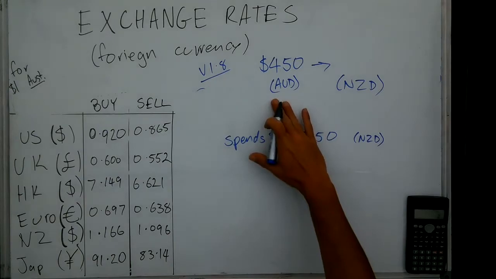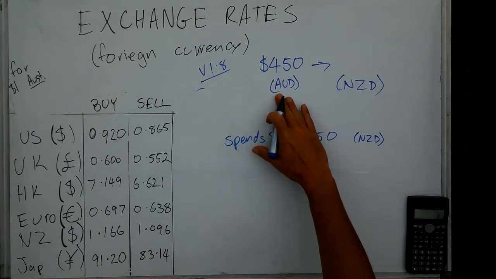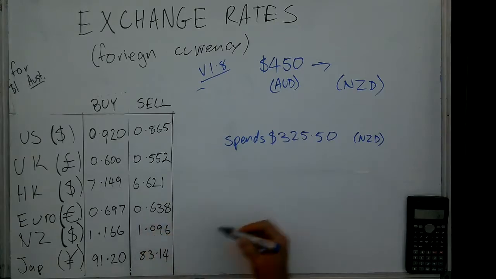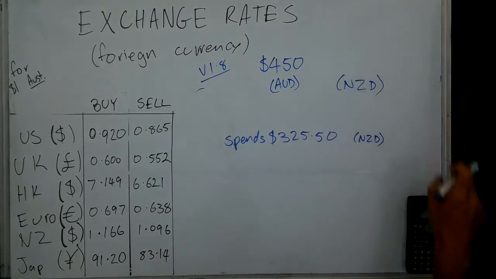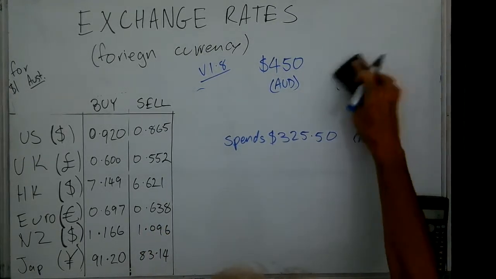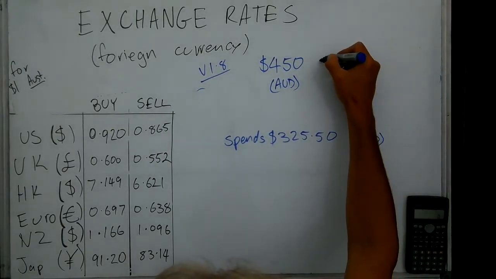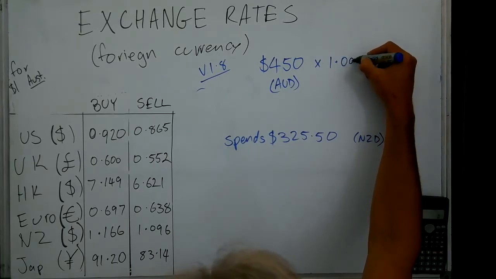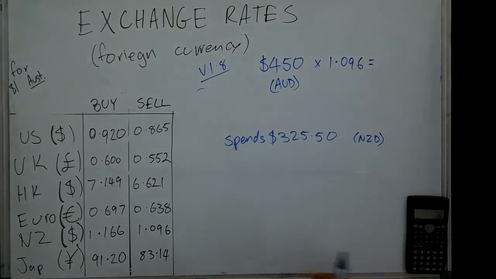So first of all, we're converting 450 Australian dollars to New Zealand dollars. So the bank sells us the New Zealand dollars. So we're going to be using this rate. So let's do this, multiply by 1.096 equals.